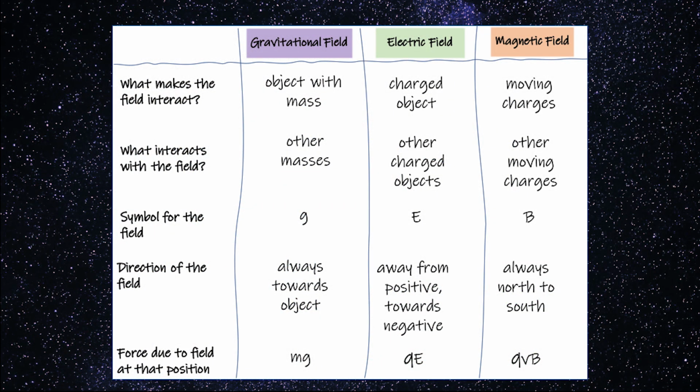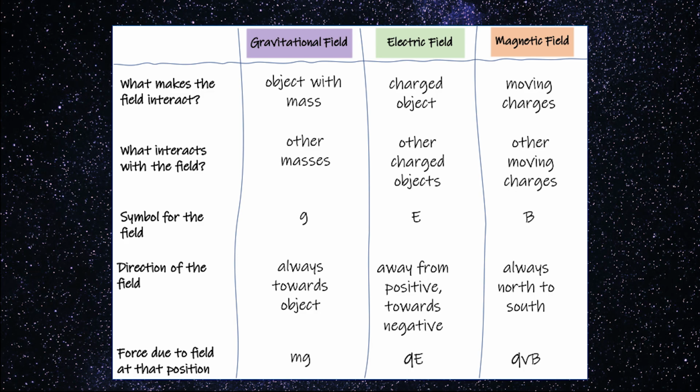Check out this fantastic summary table. If you've been playing along at home with this video, you should be able to anticipate the table entries. If not, it's a great way to test your conceptual understanding when the time comes around to revisiting this area for your pre-exam studies. You'll notice that the force on an object due to a field is clearly composed, in all 3 cases, of the field, so g, E or B, acting on the thing, so mass, m, or charge, q.